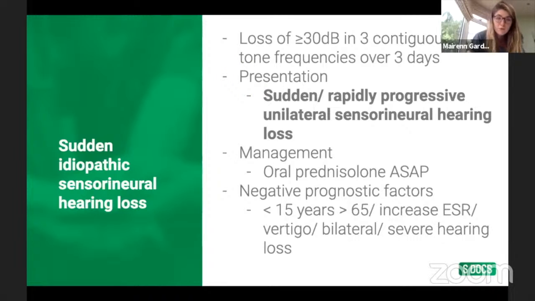Other negative prognostic factors are if the patient is younger than 15 or over 65, if they have an increased ESR, if they present with vertigo, if they do present with bilateral, so bilateral is quite a rare presentation, or if when they present they have severe hearing loss.